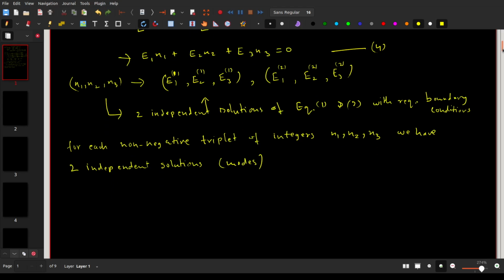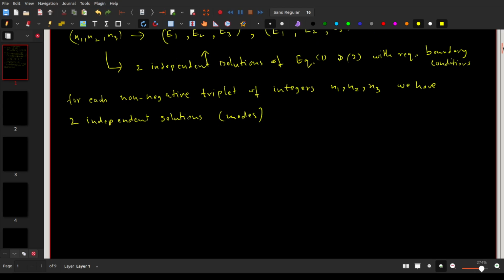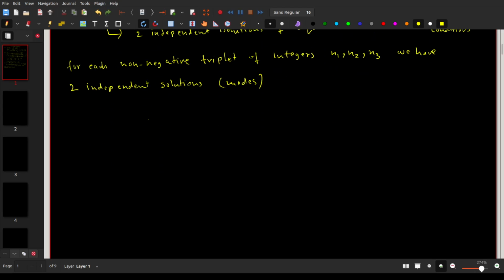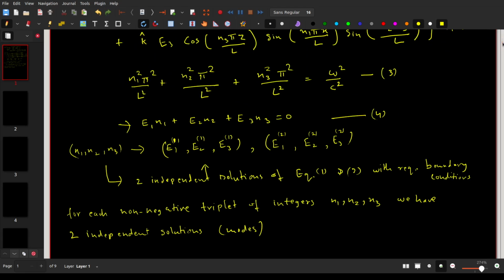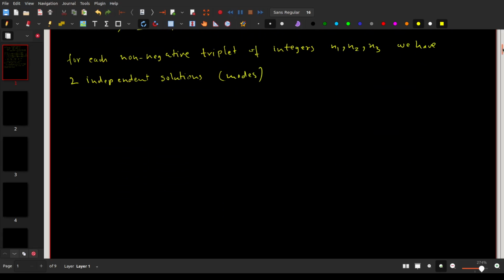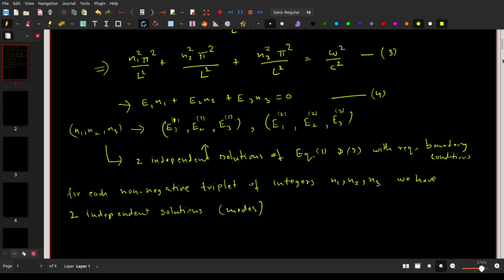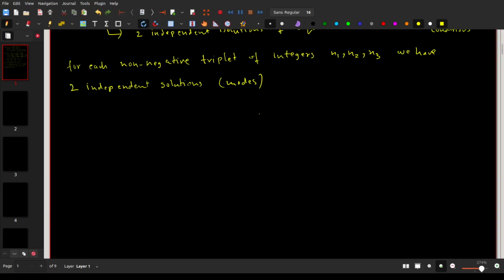So the total number of modes, say between frequency nu and nu plus d nu, this condition also needs to be satisfied, and we can write equation 3 in terms of the frequency.